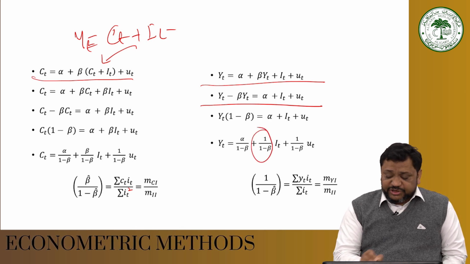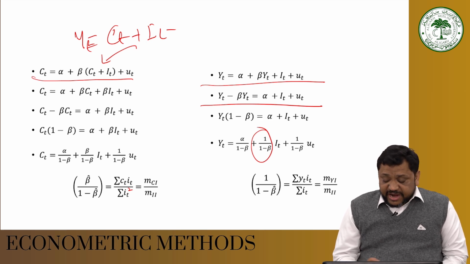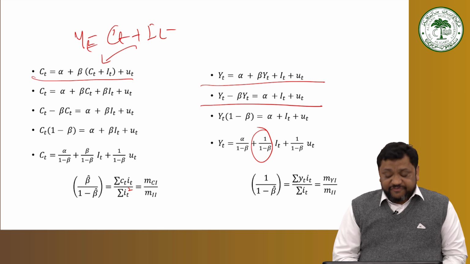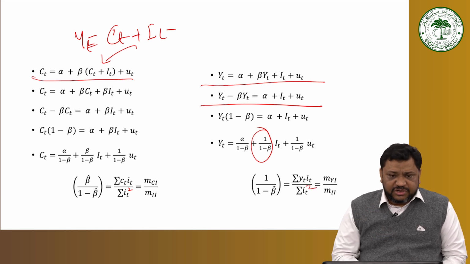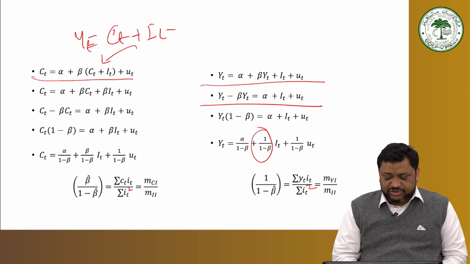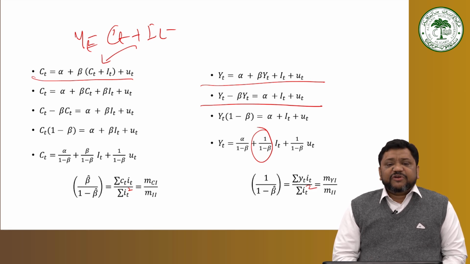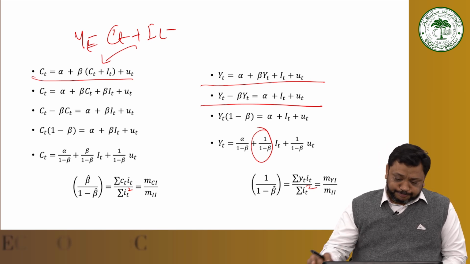Again, this coefficient of it over here, that is 1 upon 1 minus beta, we can write as summation yi divided by summation i. Again, the square term is missing over here in the PowerPoint presentation. We need to have a square sign. So it is summation yi divided by summation i square, and in terms of moments we can write Myi divided by Mii.